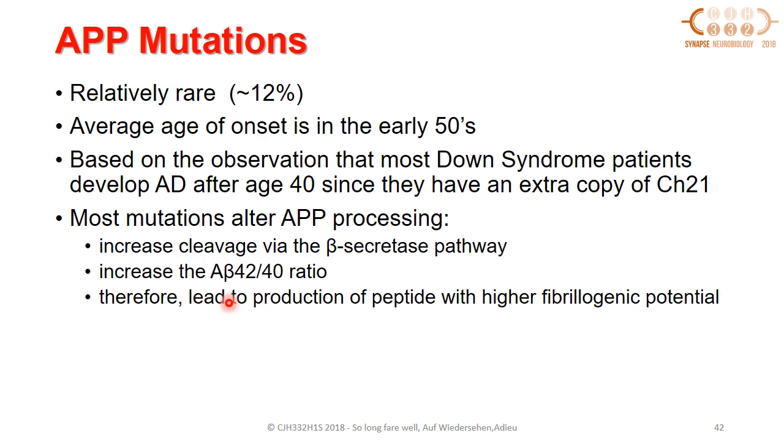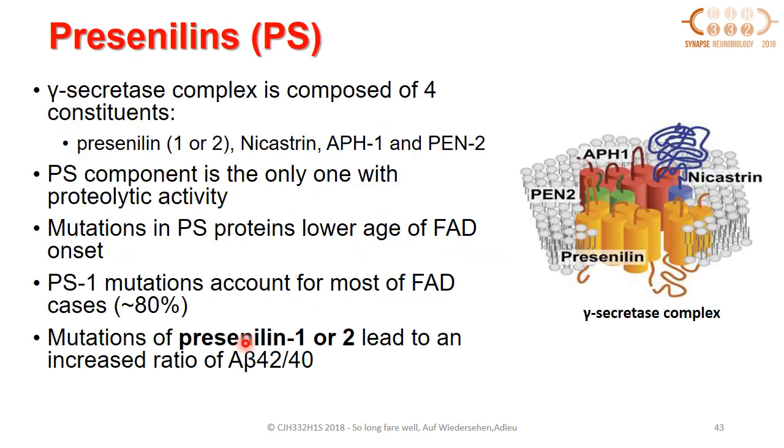The A beta 1 to 42 is the more toxic form. And in cases that involve APP mutations, they have much more of the A beta 42, so it tends to be a little bit more toxic for them. And these tend to form more fibrils.